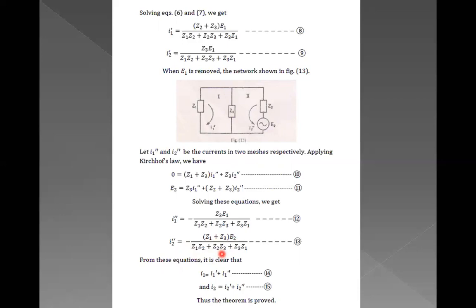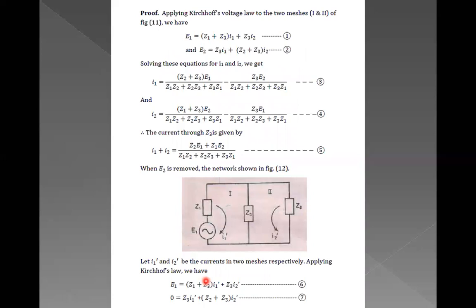Now if you look at equations 8, 9 and equations 12 and 13, we can simply say that if you add up equation 8 and equation 12, I1 dash plus I1 double dash is nothing but I1.